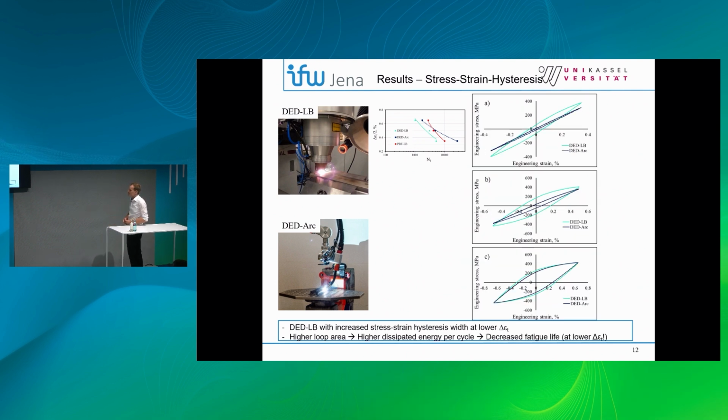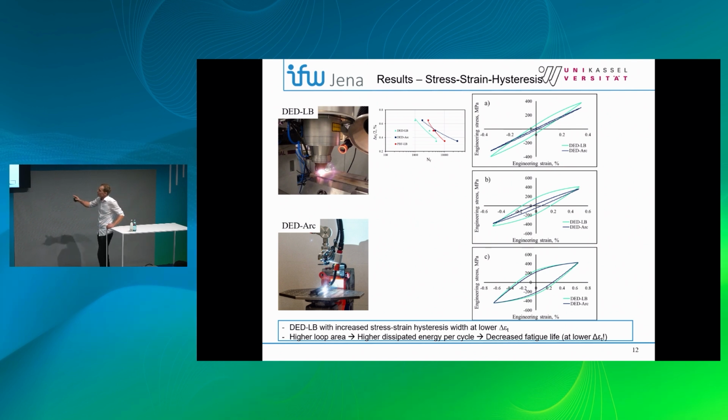Further, we analyzed the cyclic stress strain hysteresis, and in good agreement with the cyclic deformation responses, we see that at the high strain amplitudes, the cyclic stress strain hysteresis is almost identical.